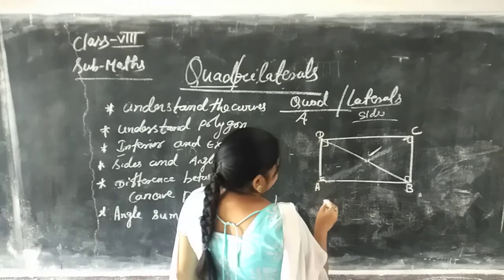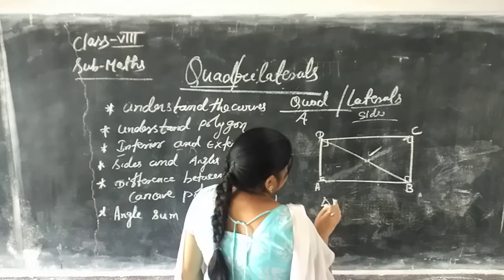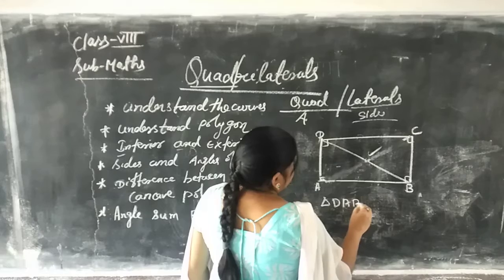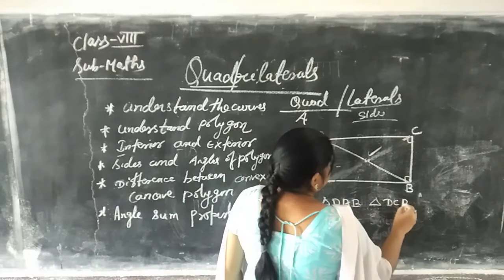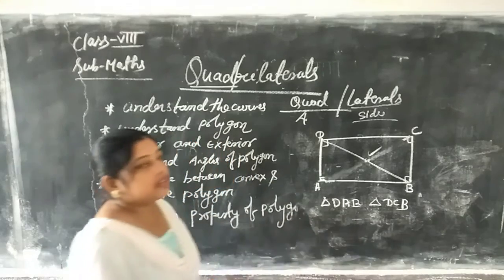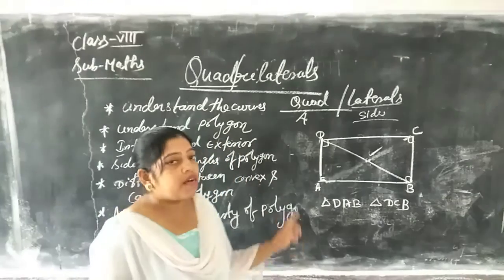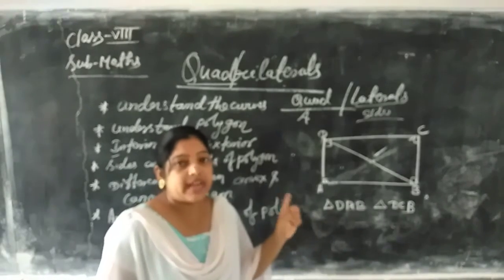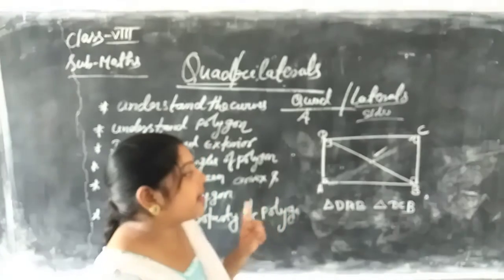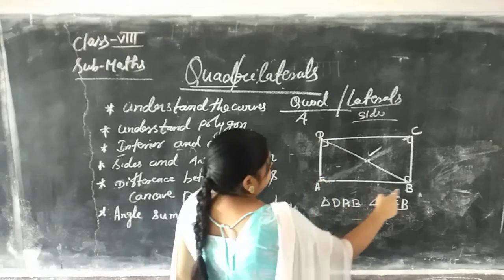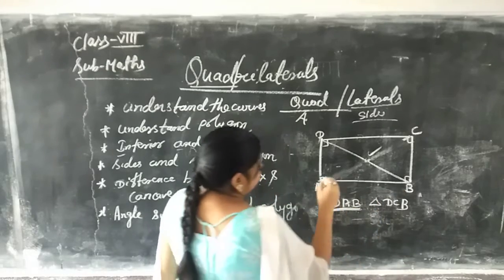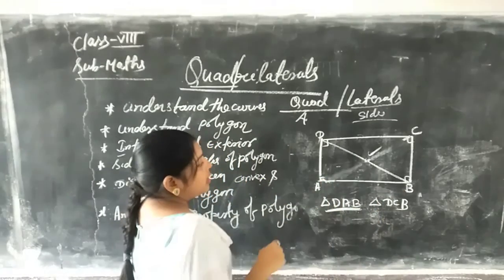There the triangles are DAB and DCB. In those triangles, by the property of a triangle, the sum of all the angles of a triangle is 180 degrees. So angle D plus angle A plus angle B in that triangle is 180 degrees.